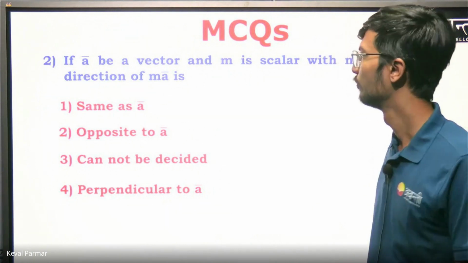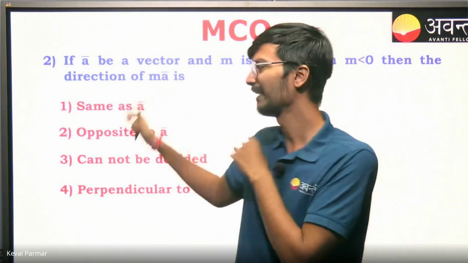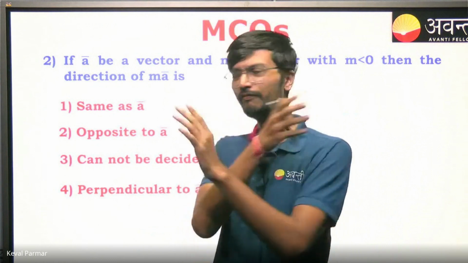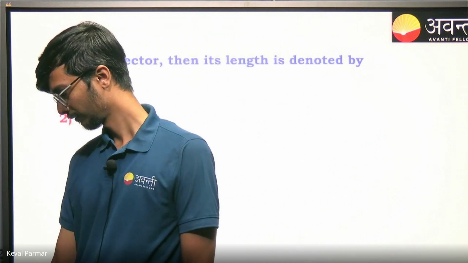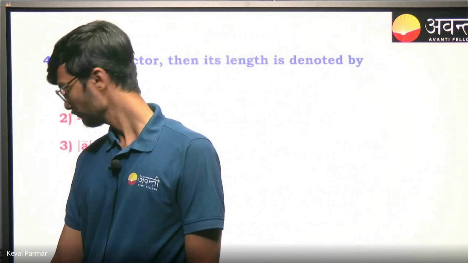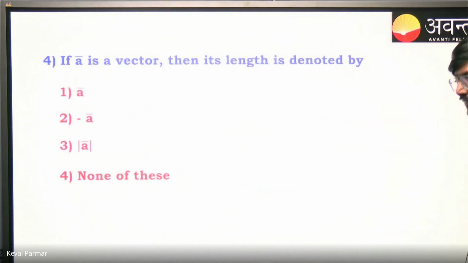Option 2. Superb. Very good. Since m is less than 0, what is the direction of m a bar? A negative value will flip the sign, so it is opposite to a bar. Let's see the next. This is the basic notation.